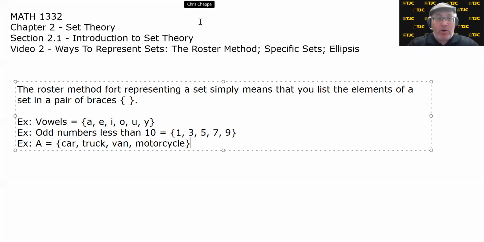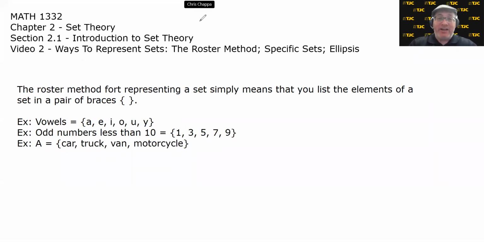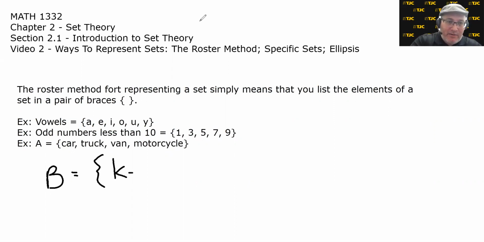Now, if you are writing this by hand and not typing it, it takes a little practice to draw braces fairly decently. For example, if I wanted to write a set B and inside of it put some random objects, it really doesn't matter what they are. We'll say the word key, the number 13, and I'm not picking these objects for any particular reason.